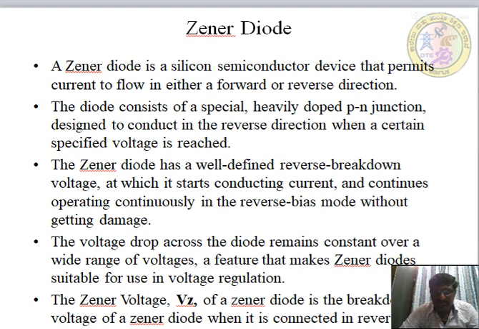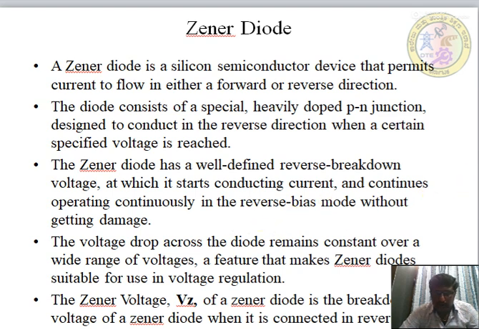A Zener diode has a well-defined reverse breakdown voltage at which it starts conducting current, and it continues operating in the reverse bias mode without getting damaged. So the Zener diode is designed for reverse breakdown, and that too without damaging the diode.